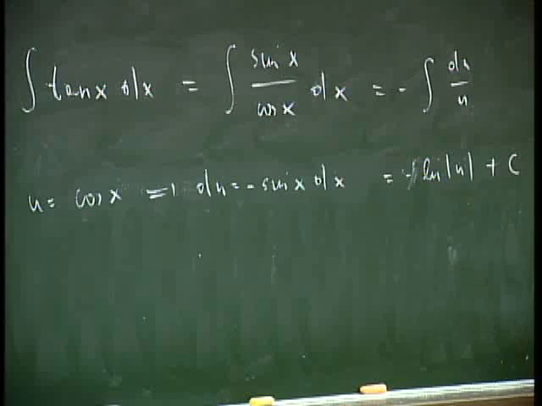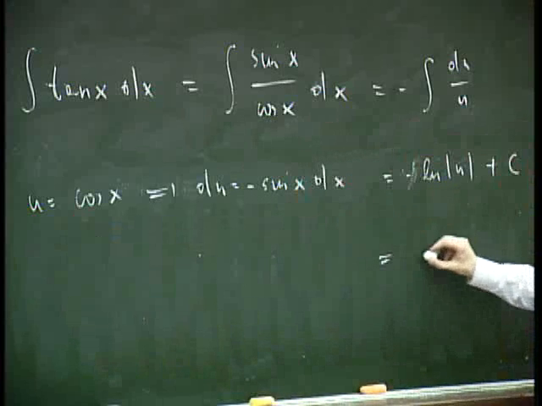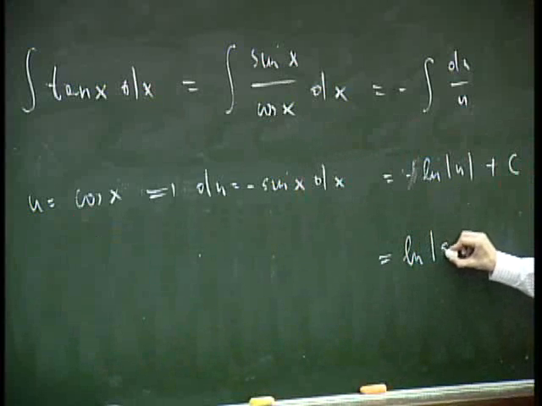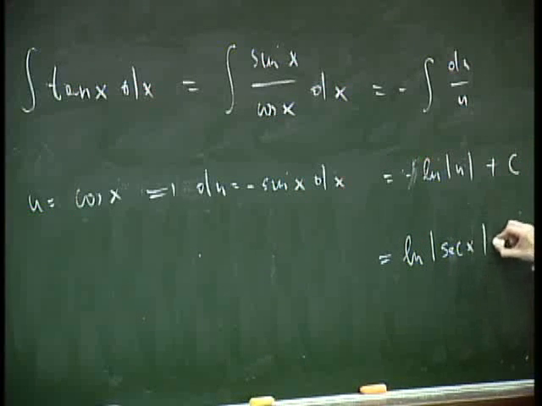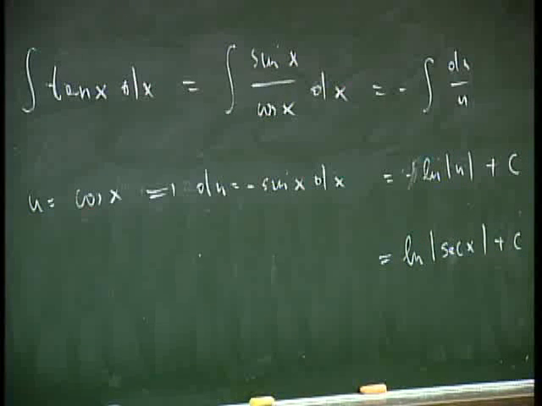So this is then minus ln absolute value of u plus a constant. And if we again replace u by cosine of x, what you get is ln of the absolute value of secant of x plus a constant. So you can assume that this is one of the standard integrals for integration. The more integrals you compute, the more you know.